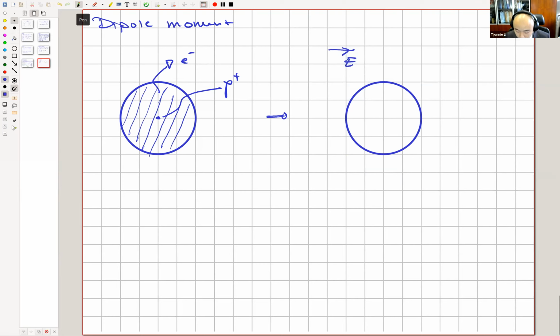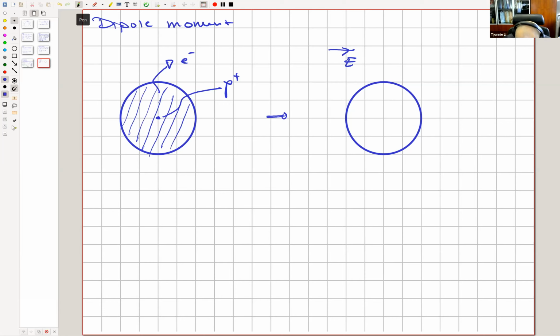And so what do we expect is going to happen? Well, in this case, we know that it's typically the electron cloud that gets to move, and the positive nucleus, because it's much heavier, doesn't move.